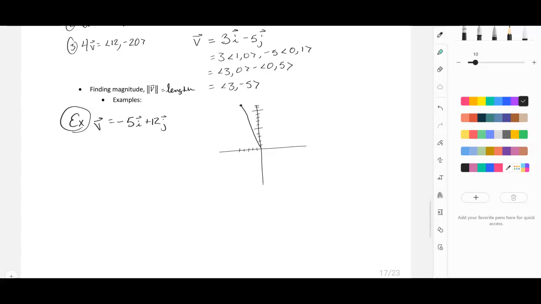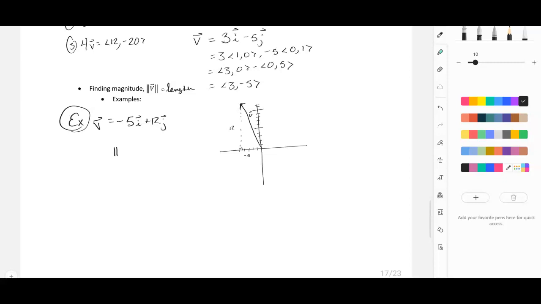I want to find how long this vector is. Well, we could think about things in terms of the Pythagorean theorem. We know this side is 5 units, and it's 5 units to the left, so I'm going to use negative 5. And we know the height here is 12. So to find this arrow, which is the hypotenuse of the triangle, because we dropped it perpendicular, it would be the magnitude of v.